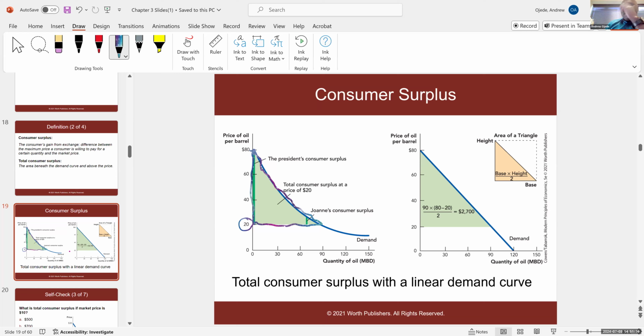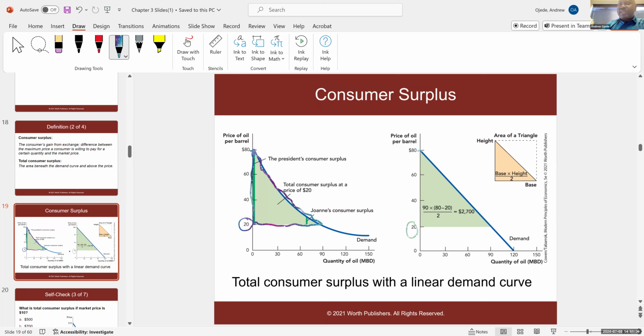Let me repeat that again. The consumer surplus is measured by the area of the triangle which is below the demand curve but above the market price. The demand curve is going to touch the vertical intercept, and then this is the market price.